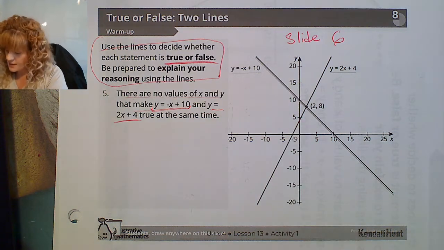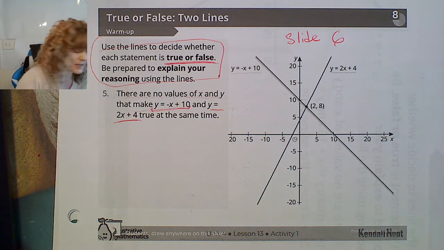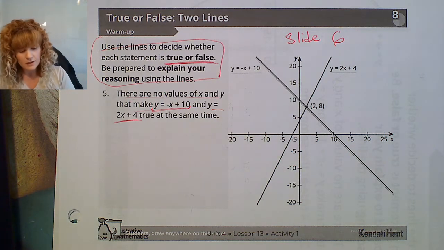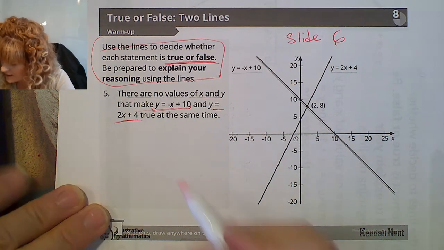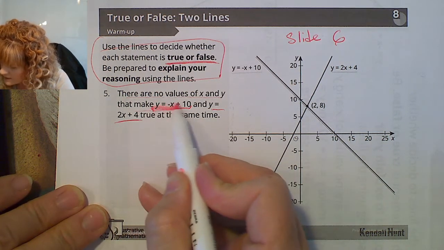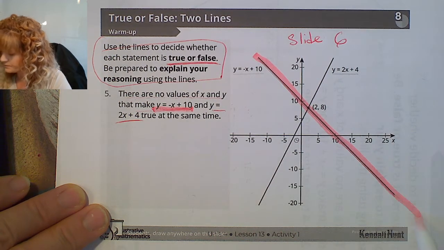Okay, look at the graphs, and I'm going to use highlighters in case there's anybody who's been lost and you just didn't understand until now. I'm going to highlight the equations and the lines. If you've been lost, y equals negative x plus 10 is this line right here.